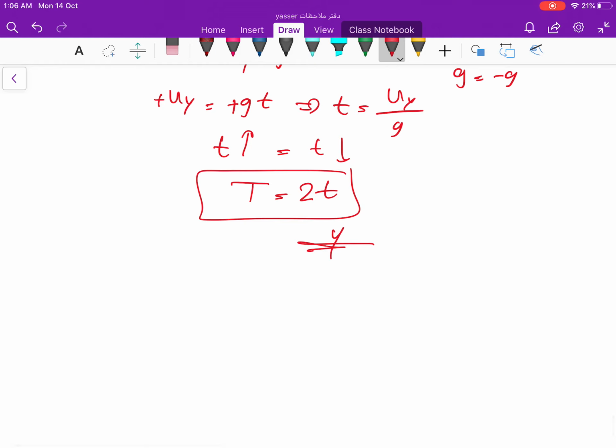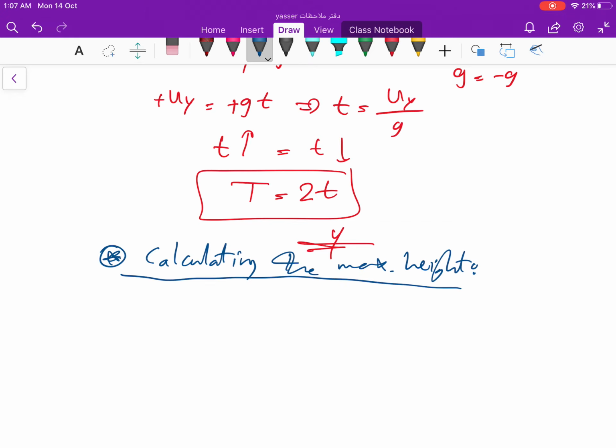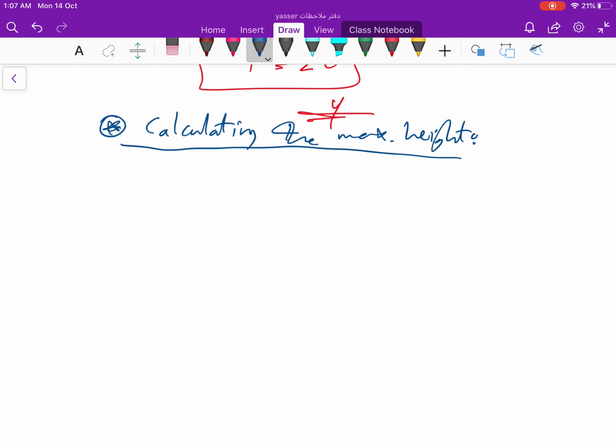What if the examiner is asking for calculating the maximum height? For calculating the maximum height, we can use the second equation: s is equal to ut plus half gt squared. S is the maximum height, so s is equal to h max.